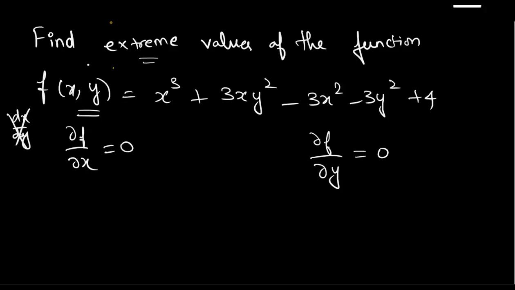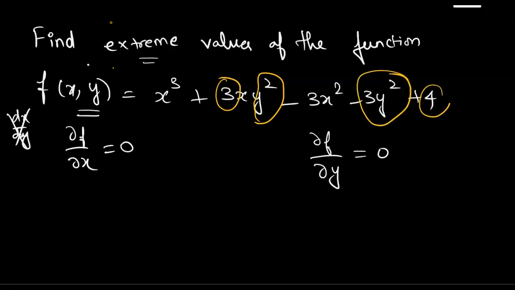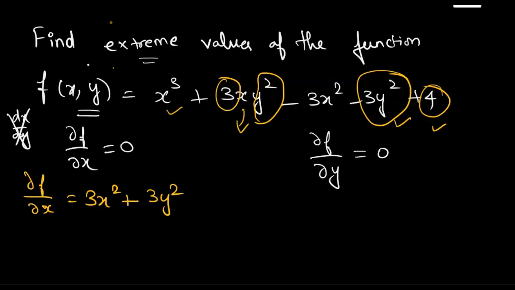Now with respect to x and y, keep this in mind. If I'm going to differentiate with respect to x, all these y square terms, 3 and everything, are constants. And you see the number 4. I'm treating 3y square and 4 the same. Just refer to the basic concepts of partial differentiation. So del f by del x is, x cube differentiation is 3x square, plus 3y square is a constant and this x differentiation is 1, and then minus 3x square, so with respect to x it is 3 into 2x, which is nothing but 6x.